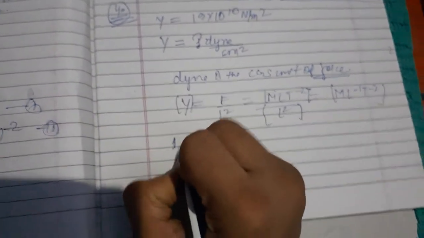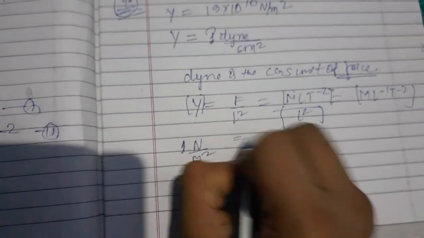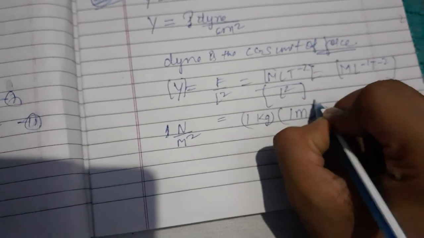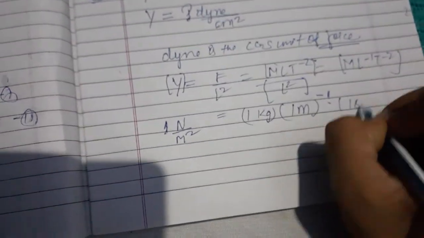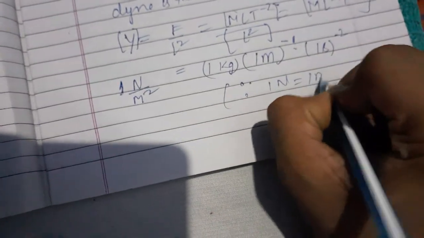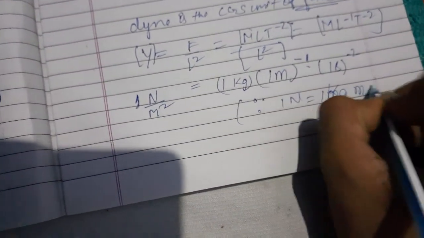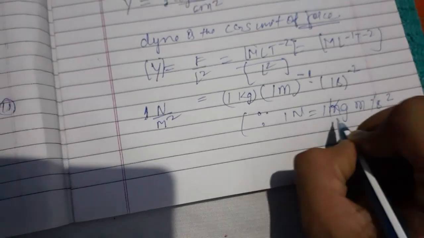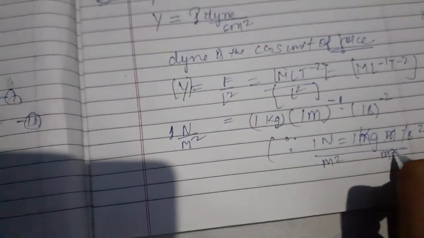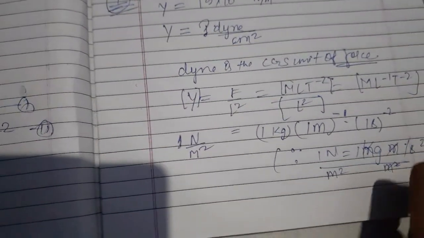So 1 Newton per meter square equals 1 kg, 1 meter minus 1, per second minus 2. Since 1 Newton equals 1 kg meter per second square, and here it is divided by meter square, so this will be cancelled out and the negative sign will be above.